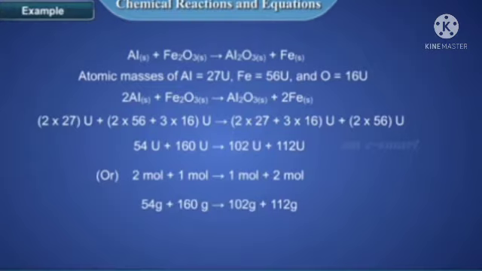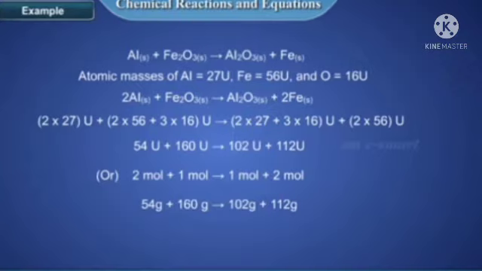Finally, 54 grams of aluminium plus 160 grams of ferric oxide gives rise to 102 grams of aluminium oxide plus 112 grams of iron. Here what is the question? 54 grams of aluminium, iron obtained is 112 grams.